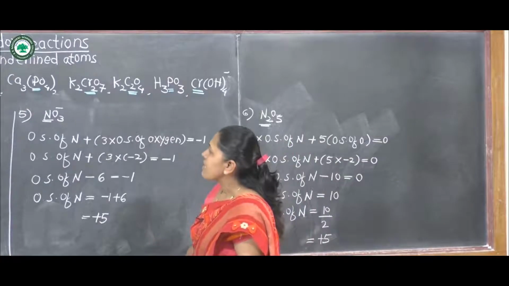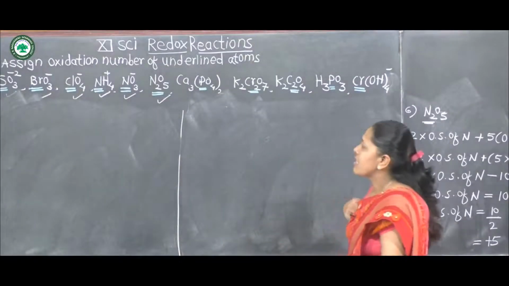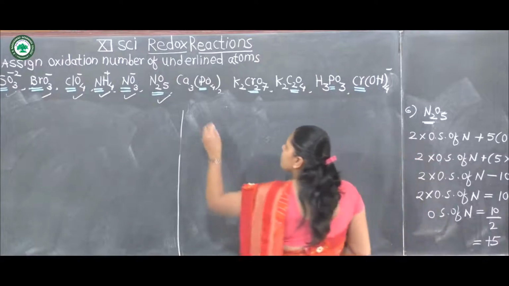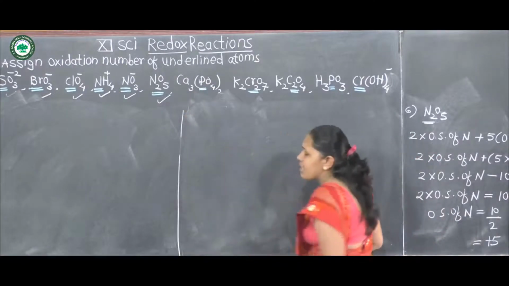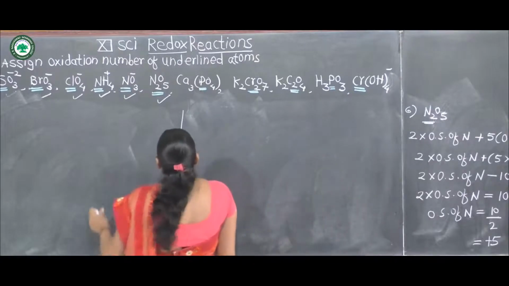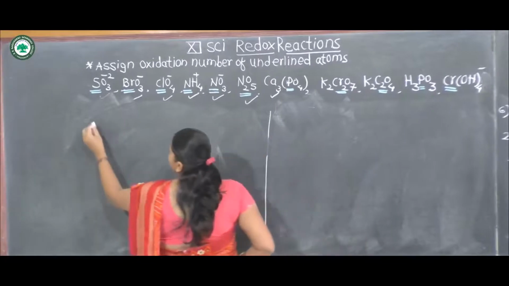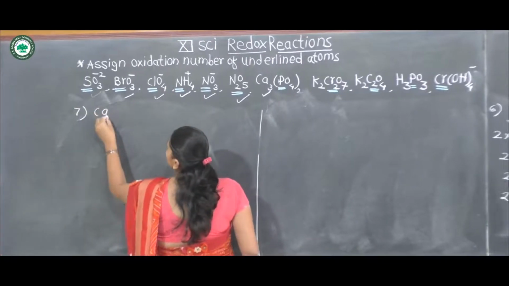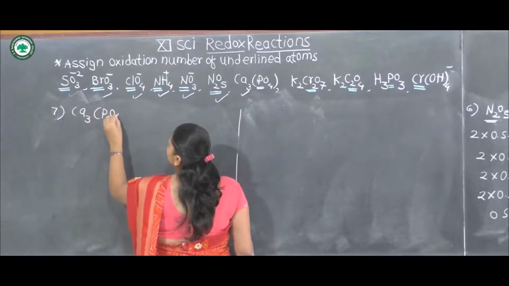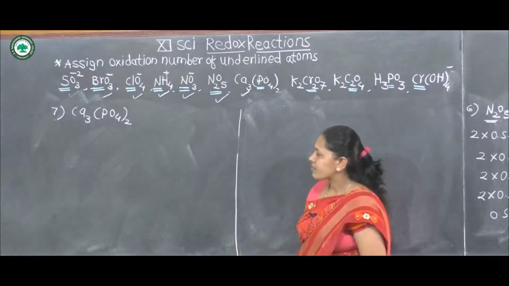Then next example, in the next example, the oxidation state of phosphorus we have to calculate. It is calcium phosphate. Seventh example, calcium phosphate.